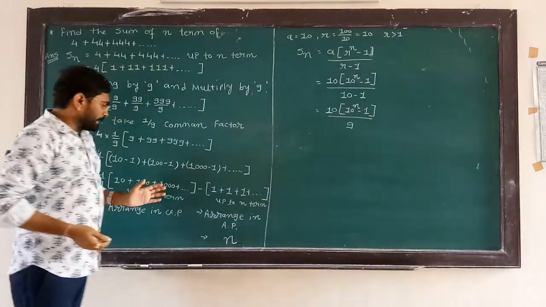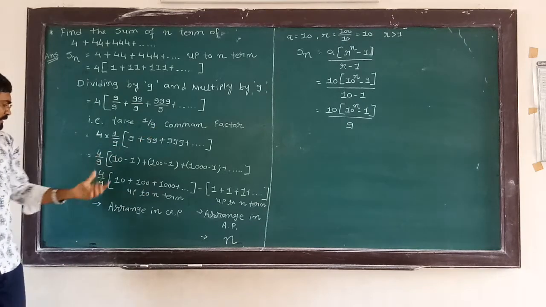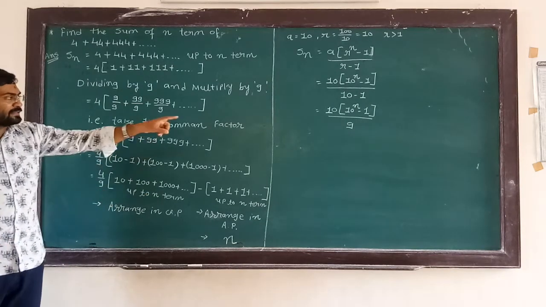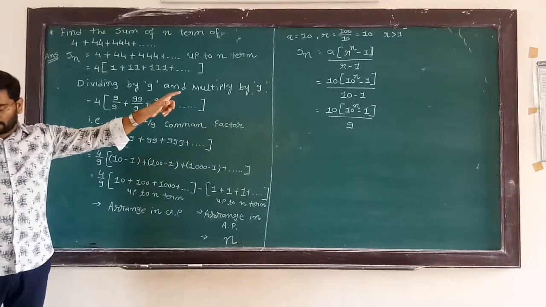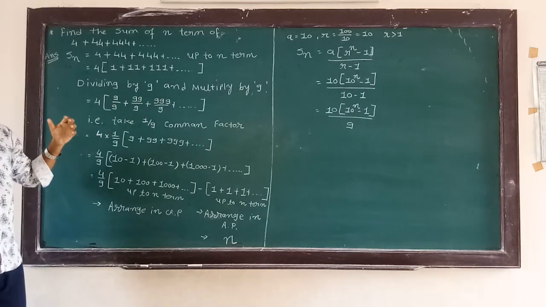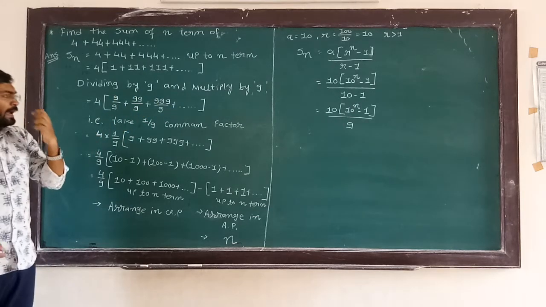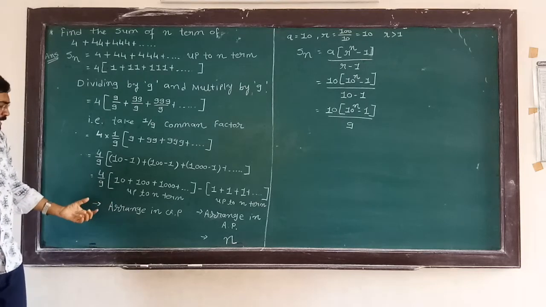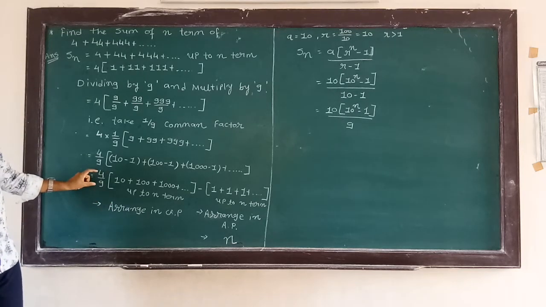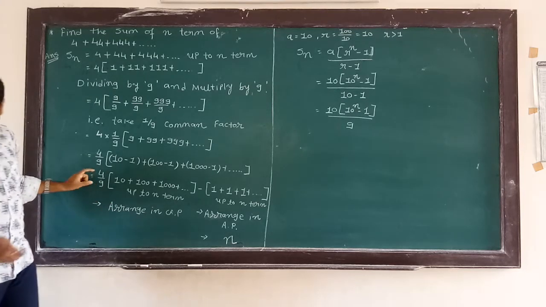See, students, here the sum of one side is the answer 10 power n minus 1 upon 9. Merge with the common fraction, which is 4 by 9.